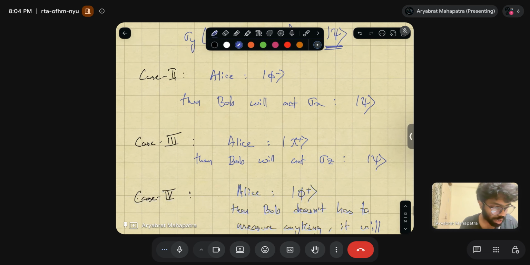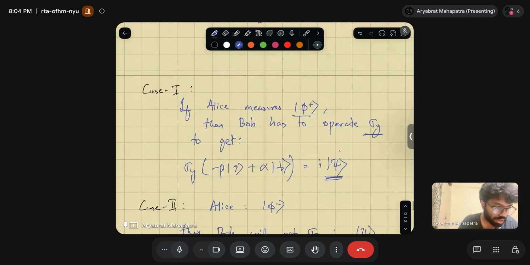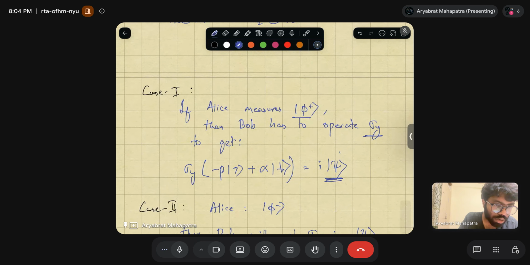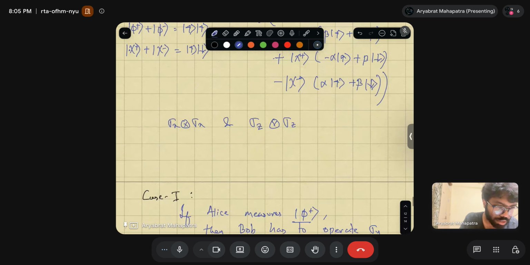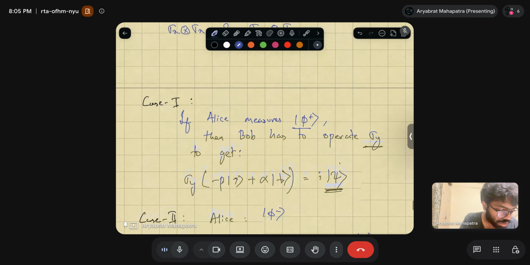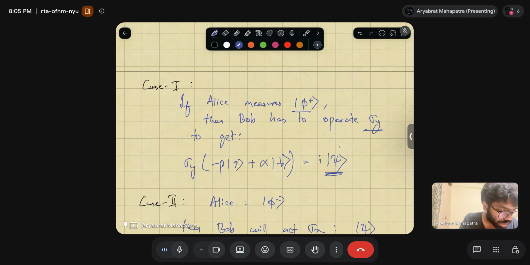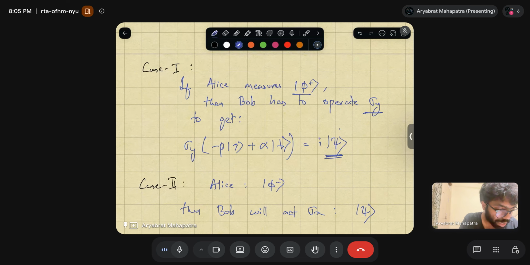These are the four ways in which Alice can make a measurement on her qubit, which is in tensor product with psi, the information which she wants to communicate to Bob. And after whatever measurement she gets, she has to inform Bob, and Bob, after getting that information, also has to make one measurement.